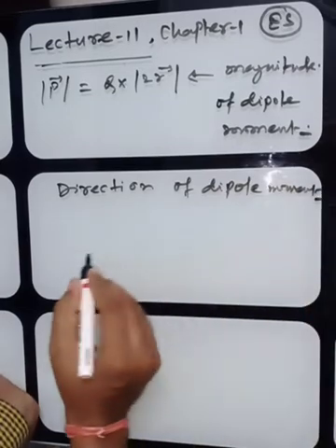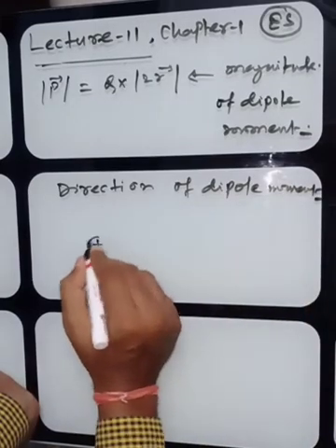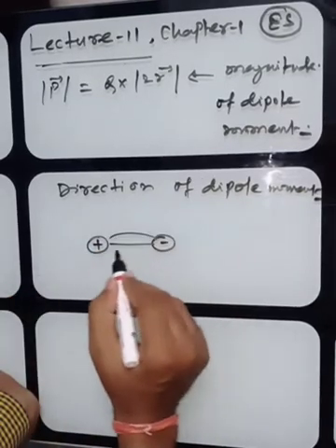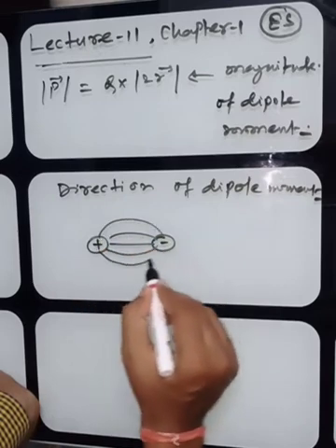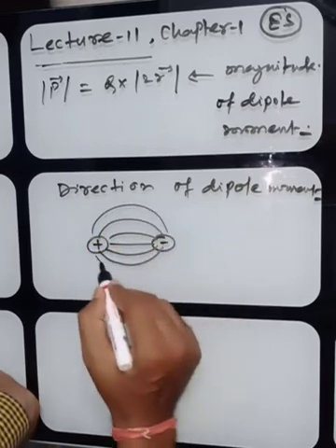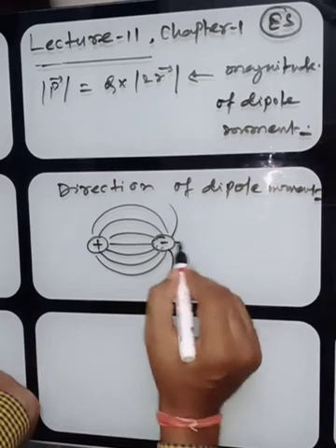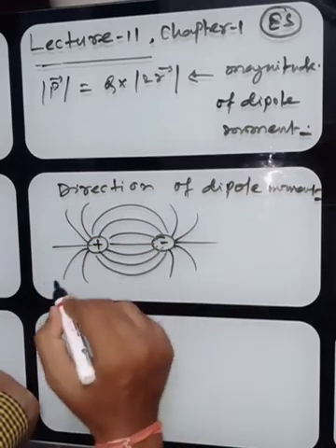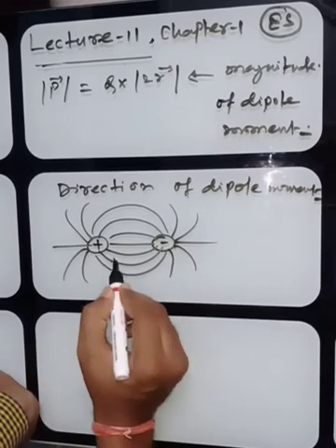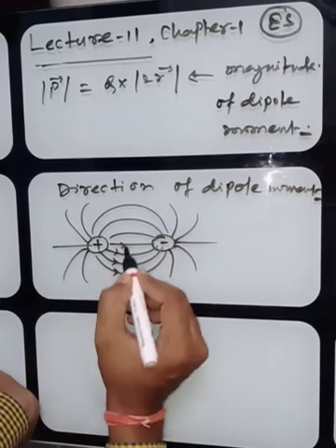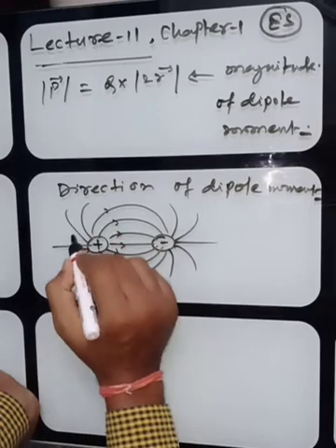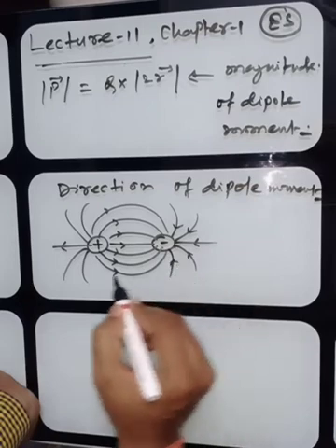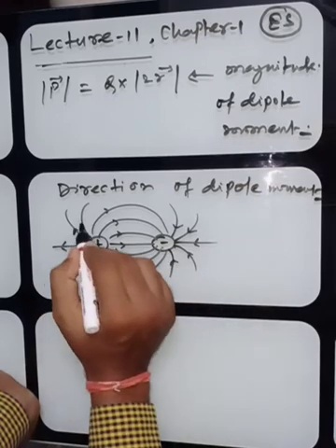Since student, two charges, try to draw the electric field. This is the electric field. Okay, now the direction is from positive to negative.